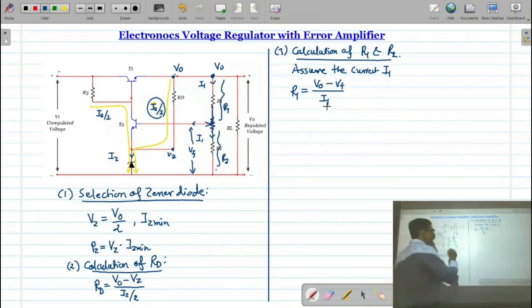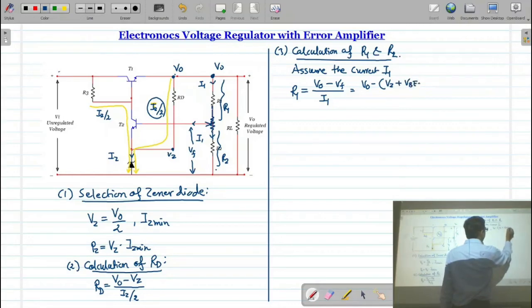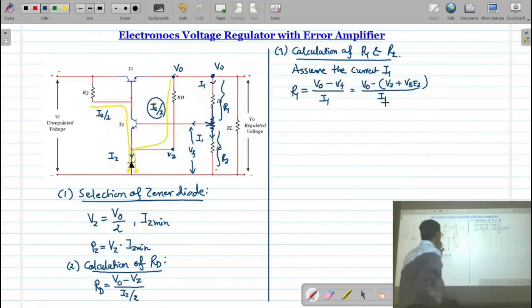But what is VF? Just now I mentioned that VF is nothing but VZ plus VBE2. Here the feedback voltage consists of the VZ voltage plus the base-to-emitter voltage. So R1 equals (VO minus (VZ plus VBE2)) divided by I1. In this way you can calculate the value of R1.